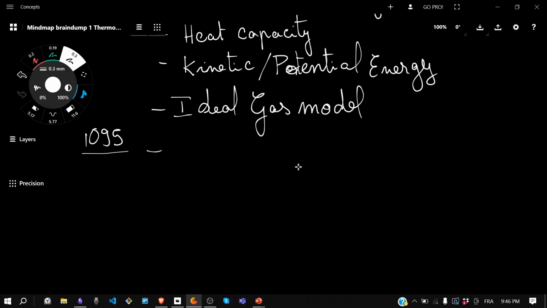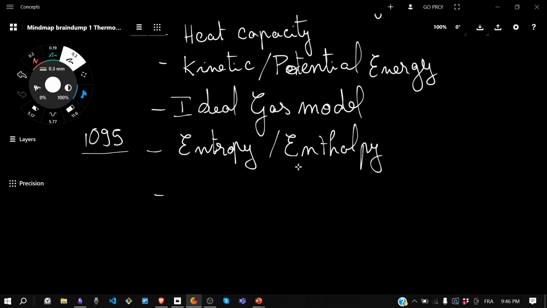Ideal gas model. We have entropy, enthalpy. By the way, I'm really bad with spelling, so I might have written that wrong. Not sure. So what do we have?